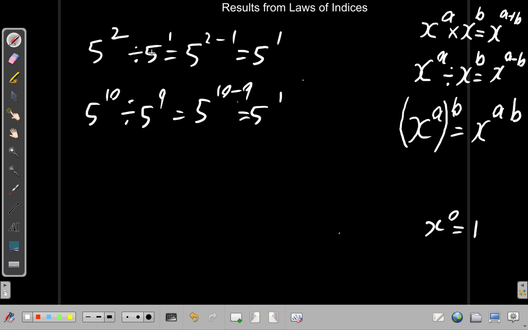Now, 5 to the 2 divided by 5 to the 1. What you would have is 5 times 5 divided by 5. And you cancel them, and you get 5. This is suggesting that 5 to the 1 is 5. Let's look at 5 to the 10 divided by 5 to the 9.